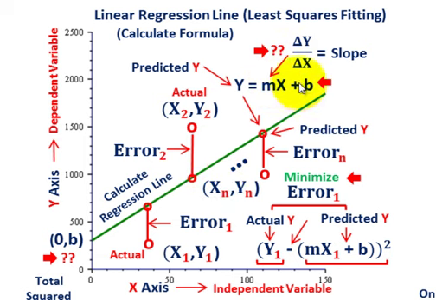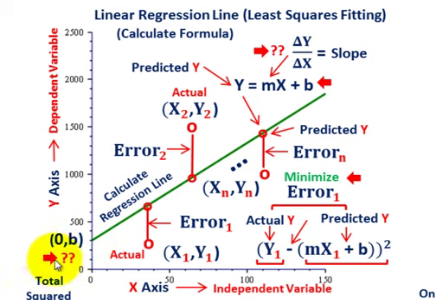The other item on a line is the b value, and really that's what they call the y-intercept. This is where your x value is set at 0. You're going to have some b value that represents your y amount, so it's going to cross the y-axis where x is equal to 0.